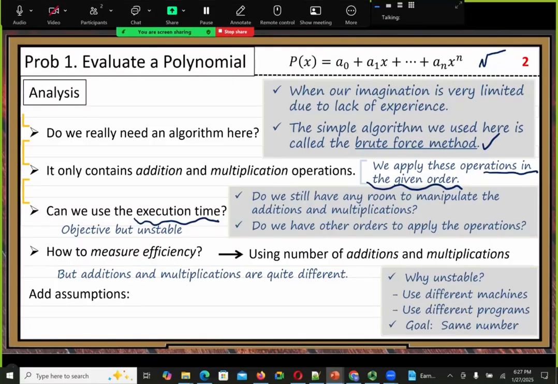Instead of using execution time, we would count how many additions you have, and count how many multiplications you have and times it by 10. So you can do a conversion at the end, for example, each multiplication equals 10 additions.